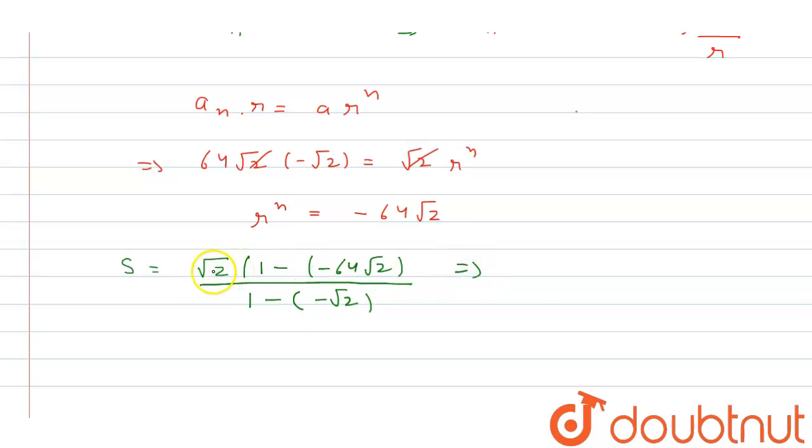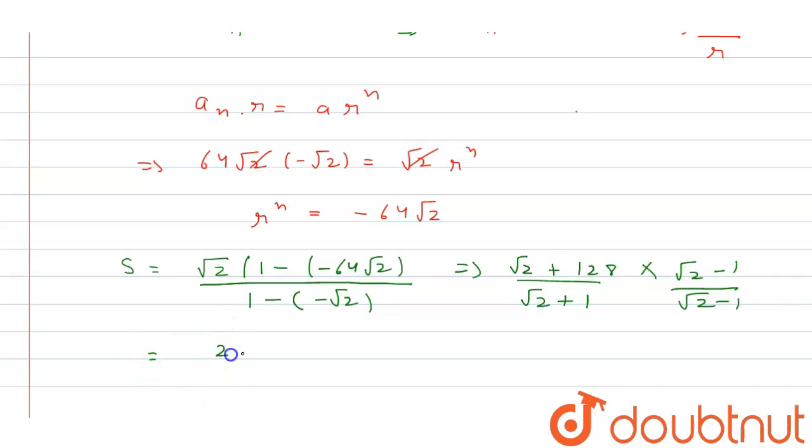Now solve this. We get root 2, and if we multiply by root 2, then 64 into root 2 into root 2, root 2 times root 2 is 2, and this converts into positive, and 64 into 2 is 128. This comes out to be root 2 plus 128 over root 2 plus 1. Now to simplify this, multiply numerator and denominator by root 2 minus 1 and solve further.